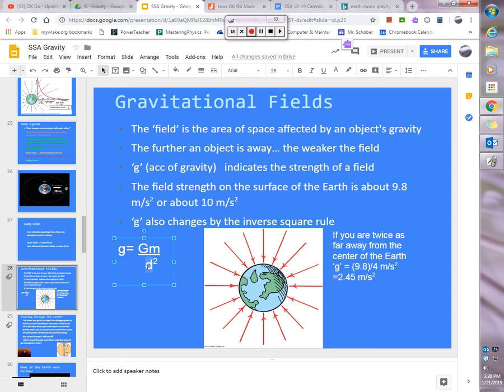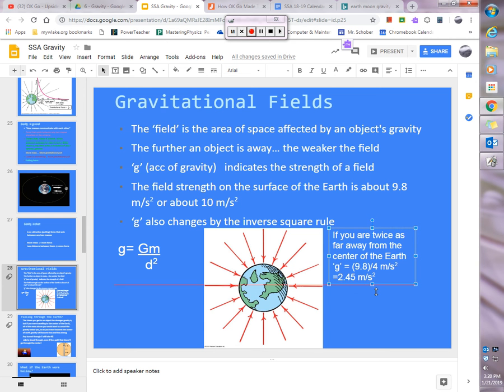So it works the same way as the gravitational force. If you were twice as far away from the center of the Earth, g, small g, the gravitational strength, is going to be one fourth as much.